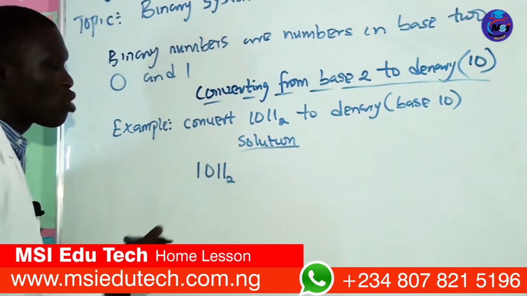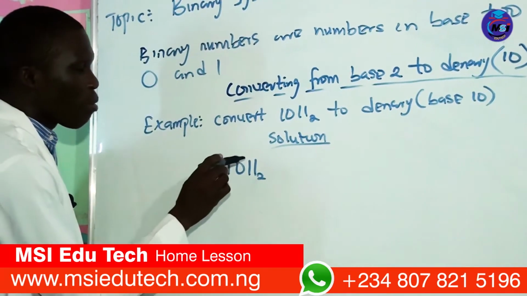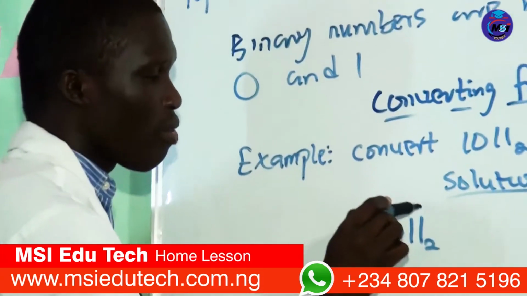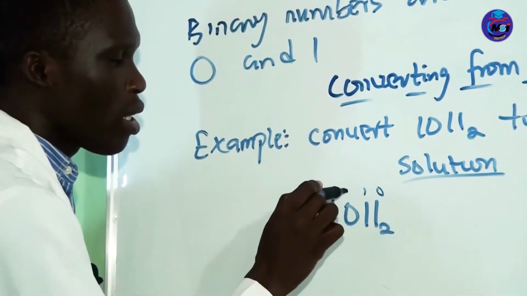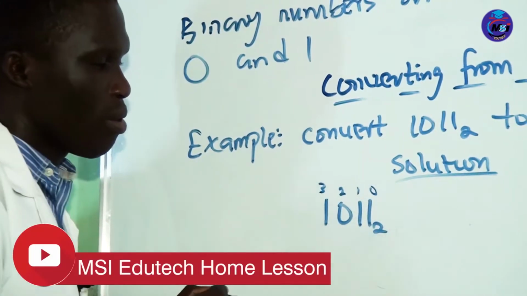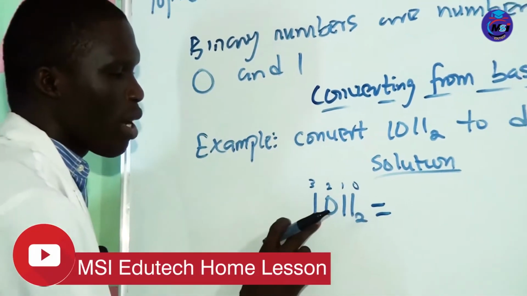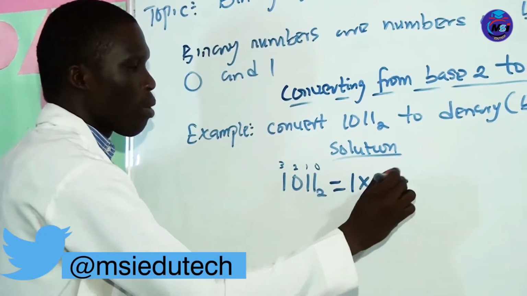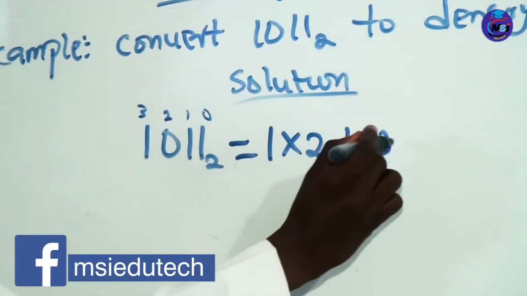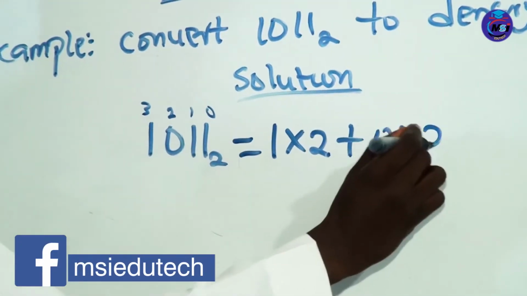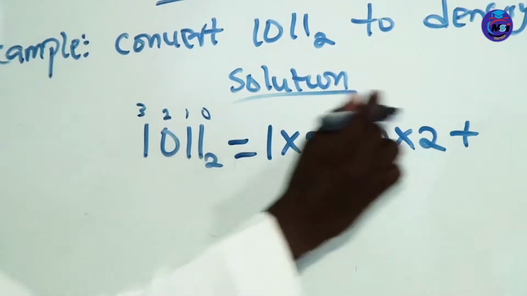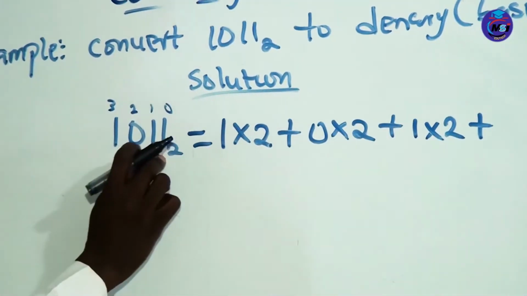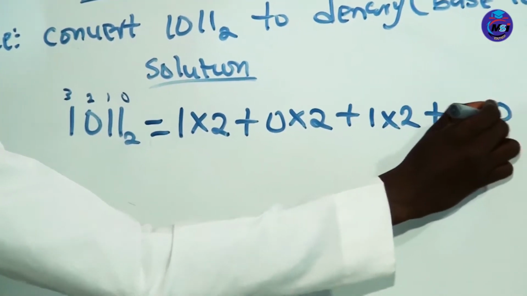1011 base 2. Now from here, from your right hand, start numbering it from 0, 1, 2, 3. Pick this one, multiply it by 2, plus pick this 0, multiply it by 2, plus pick this one, multiply it by 2, plus the last one, multiply it by 2.